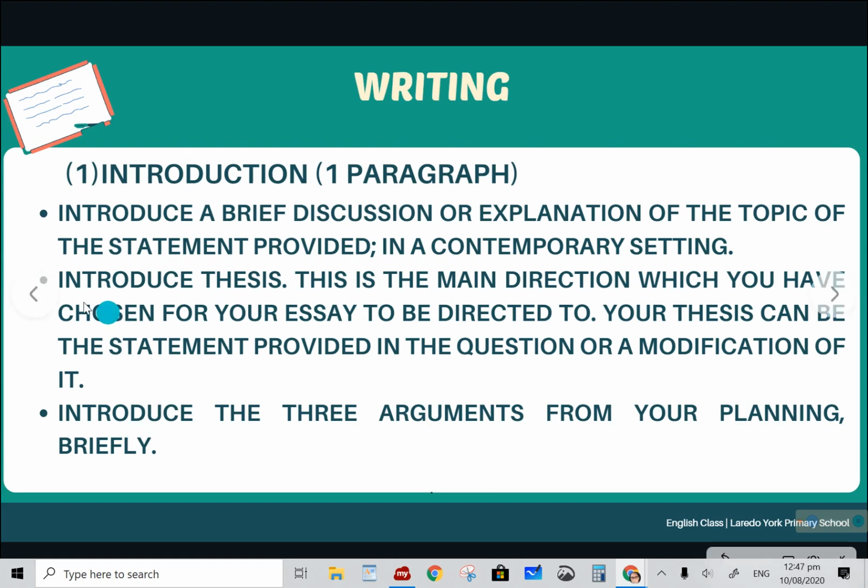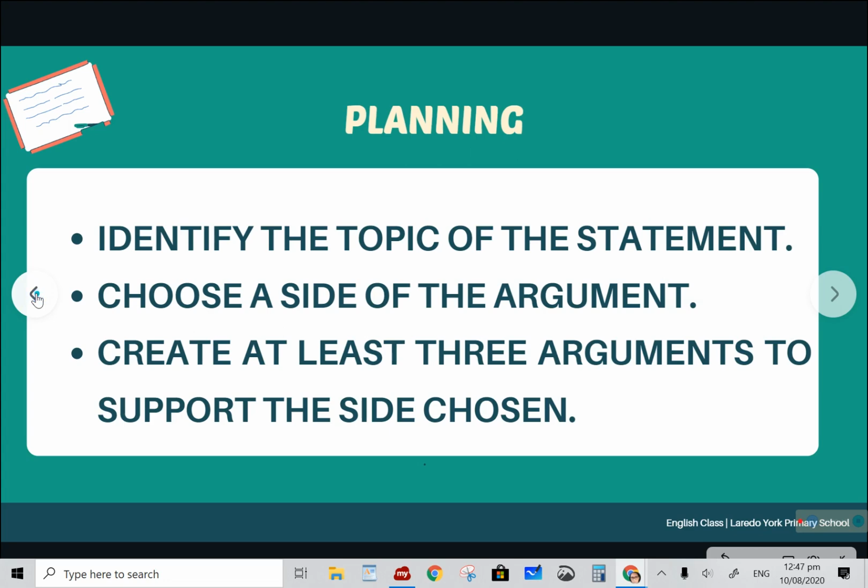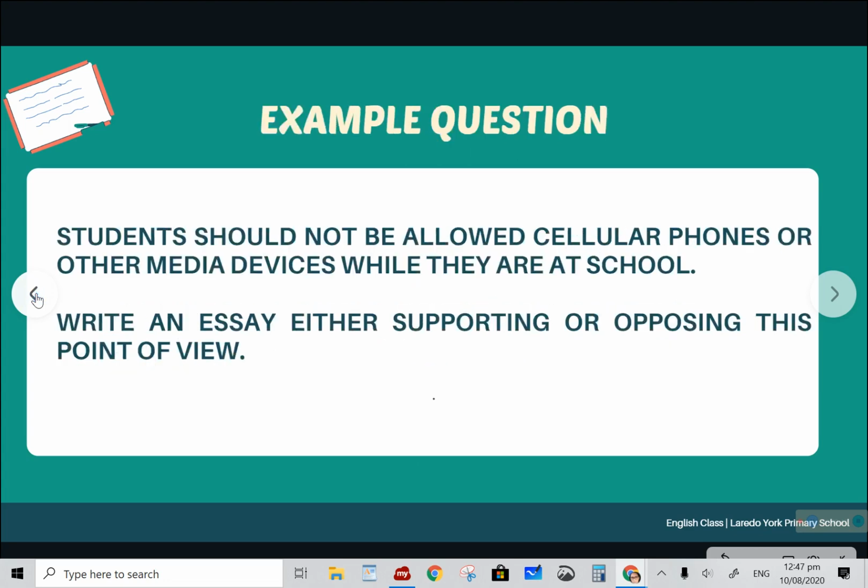So let us go back to the questions. Students should not be allowed cellular phones or other media devices while they are at school. This sentence can actually be used as a thesis if you support the point of view. Okay, so you can use the statement that is given as your thesis. However, we have a problem with this in a lot of students' writing.